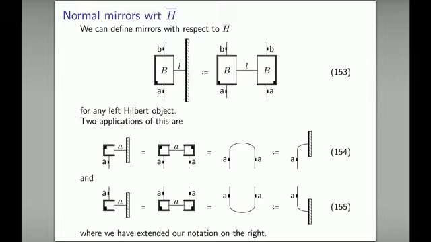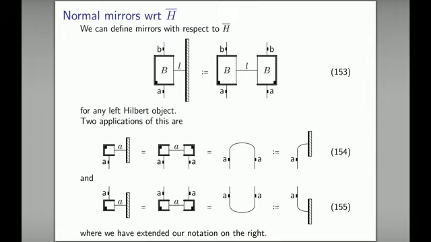But this definition works if you've got a label wire attached. What about if you have one of these system wires attached? Well, then you need to make sense of that. You can think of it like this: if I reflect a basis element into a mirror, then it's equal to that.